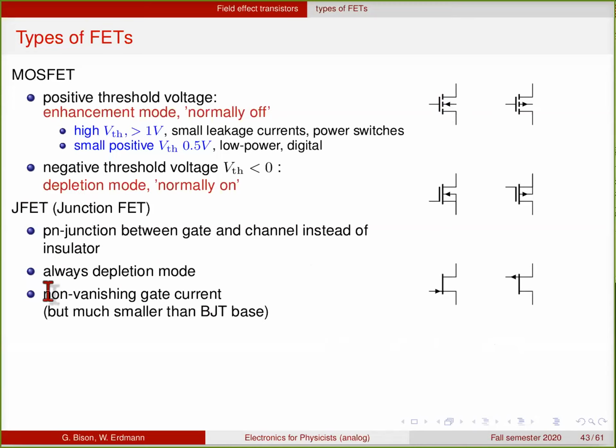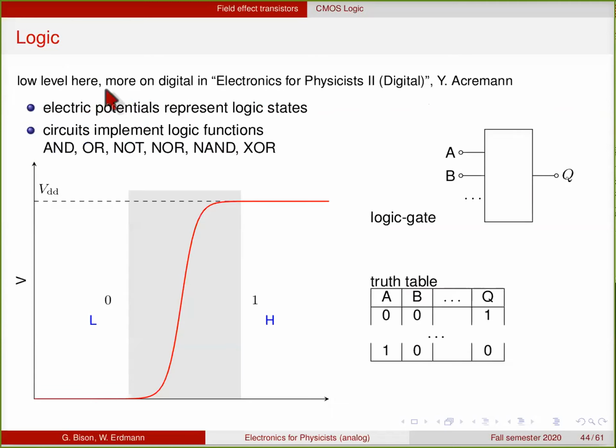They have a small non-vanishing gate current, but of course it's much smaller than it is in the bipolar transistor case, not base. Okay. Oh no, base is correct. But most transistors that you will see are in this category.